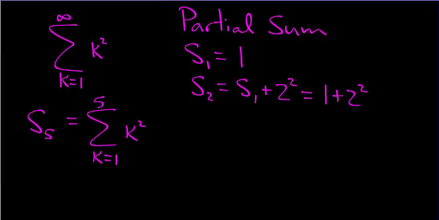Now, what we're going to say is that if the limit of the nth partial sum converges, that's what we're going to call convergence. In other words, if you look at these partial sums, S1, S2, S3, and so forth, this is a sequence. These are just terms of a sequence.